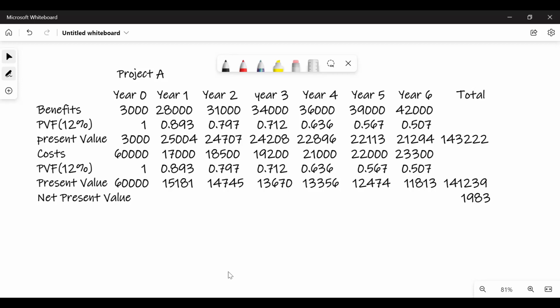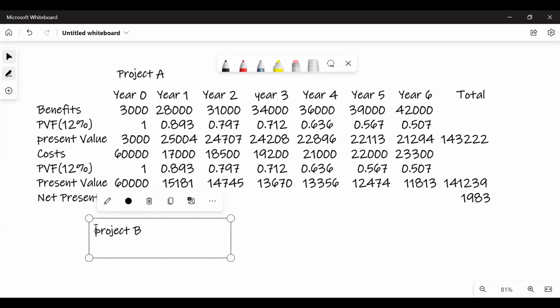Similarly, check for project B. I'm not going to spend time on that, but let me give you the answer for project B. So for project B, you should be getting a net present value of 5,377.